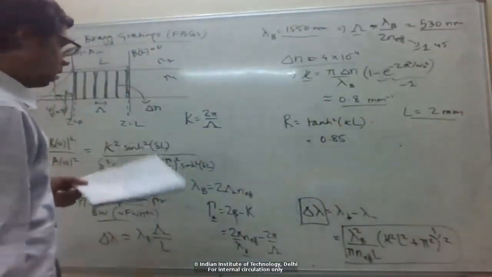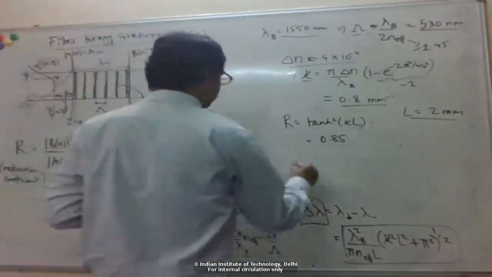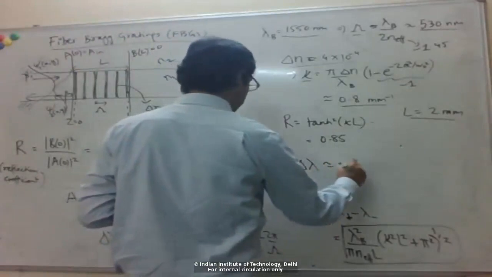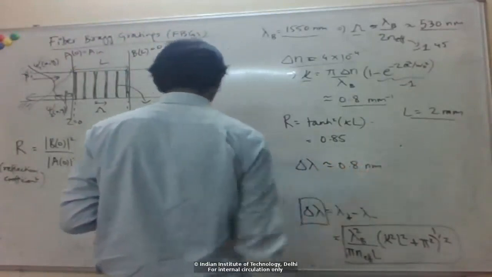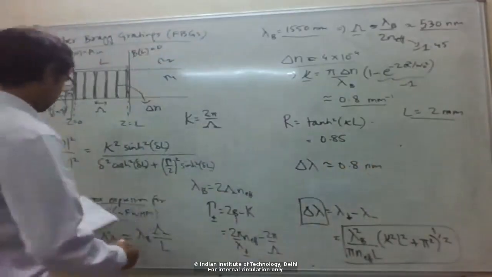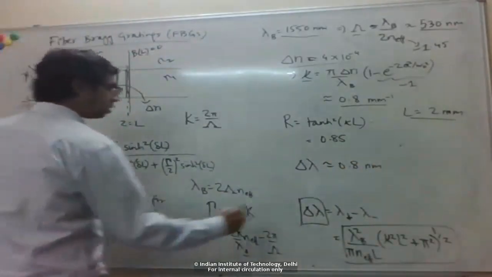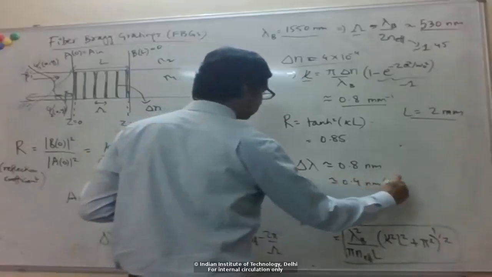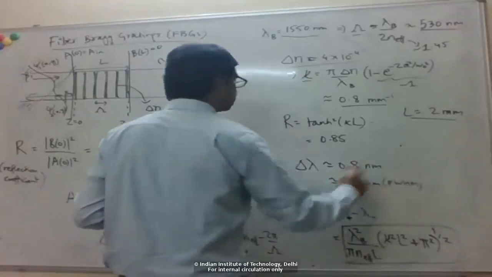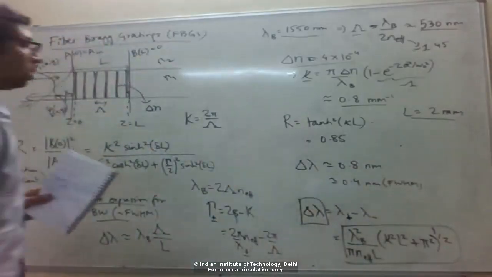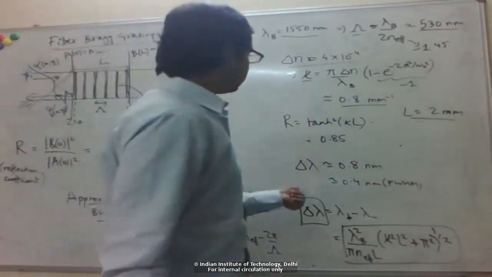Then if you calculate the bandwidth from this expression, that comes out to be about 0.8 nanometer. Or if you calculate using this expression, it comes out to be about 0.4 nanometer. So this is the width at half max, and this is the width of the central lobe. Yeah, so this gives you some idea of the numbers, right?